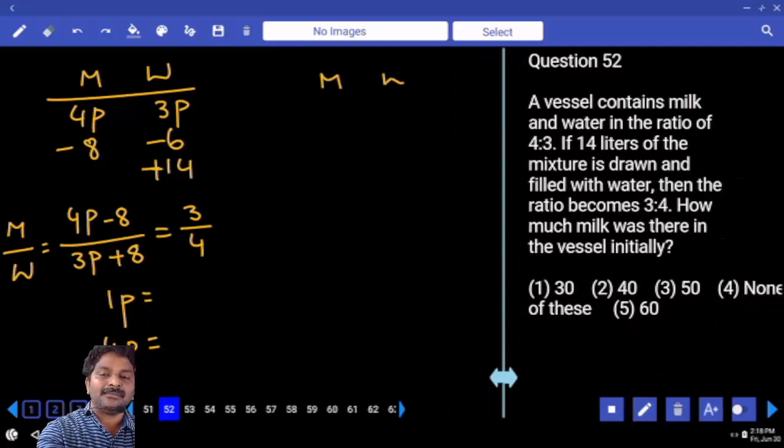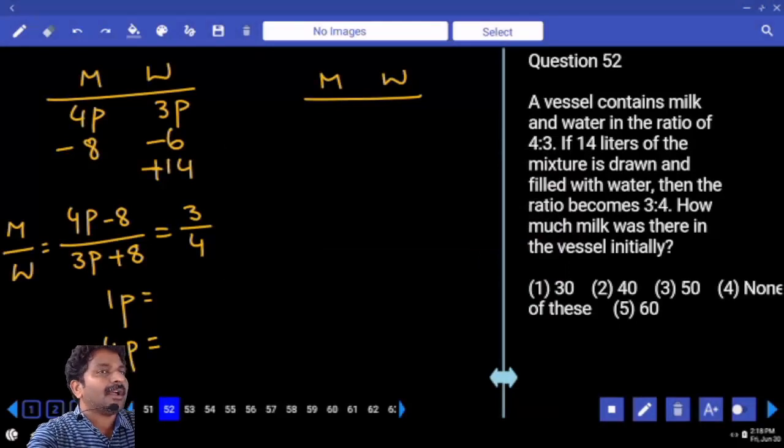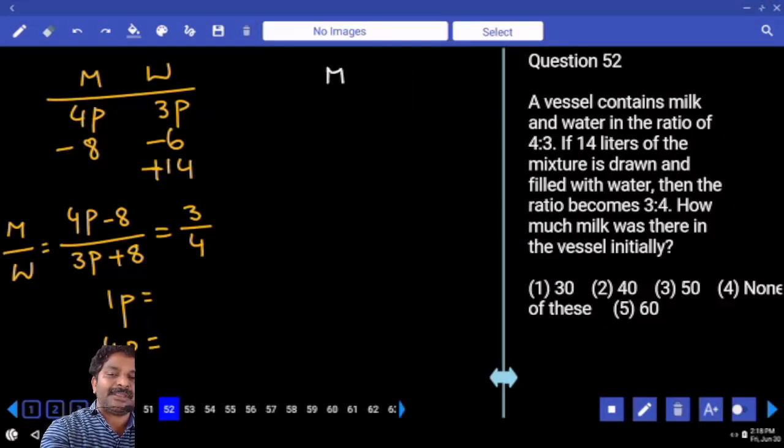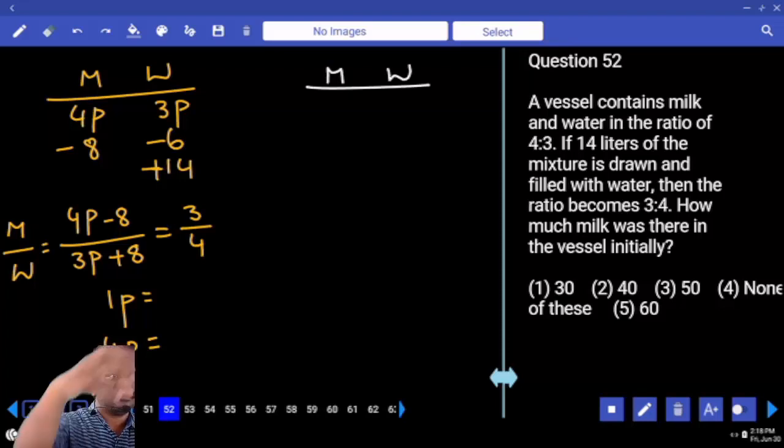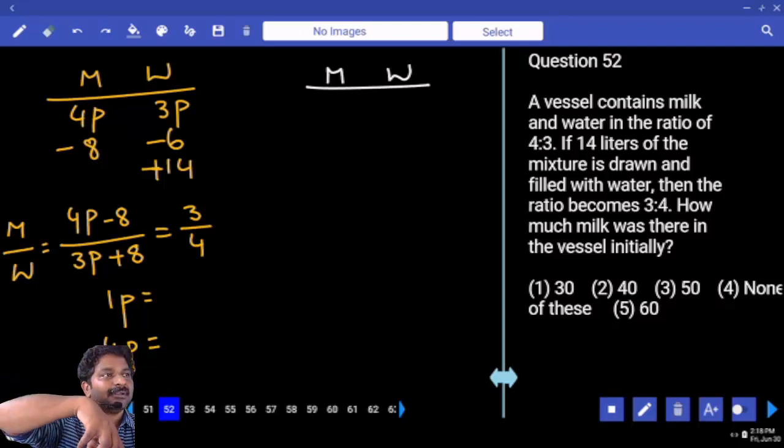Now, the same question, milk and water. When you talk about milk and water, what exactly is happening? Some quantity is taken out. How much quantity? 14 liters. In 14 liters, you'll have milk and water both. And then you're adding water. Correct?